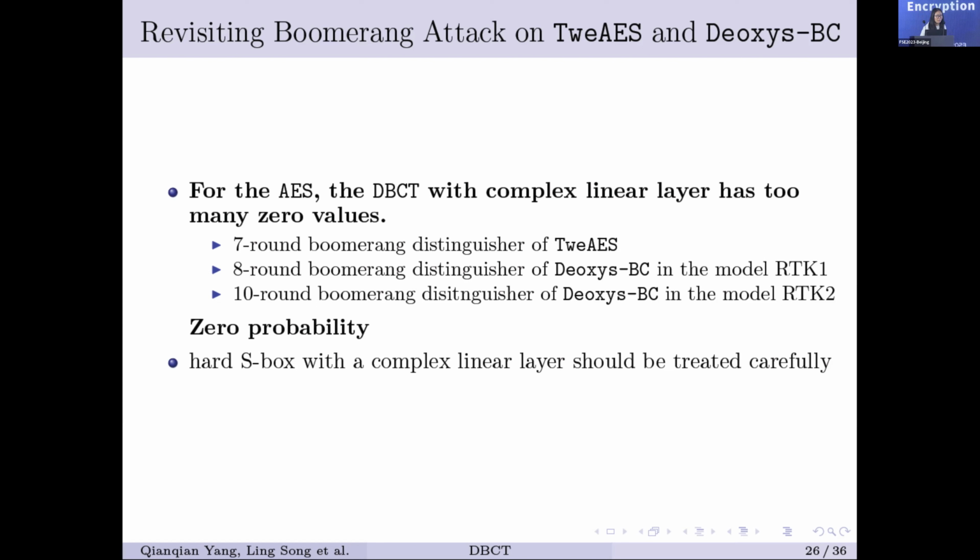I have tried to apply the model to Skinny, but the result is that we didn't get a higher probability, so we didn't show this result.